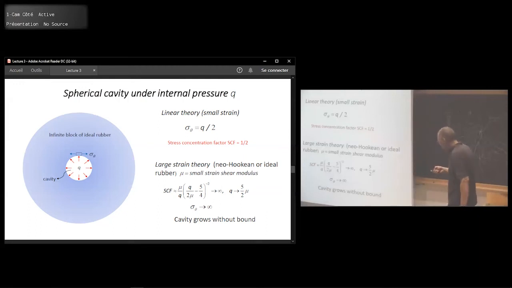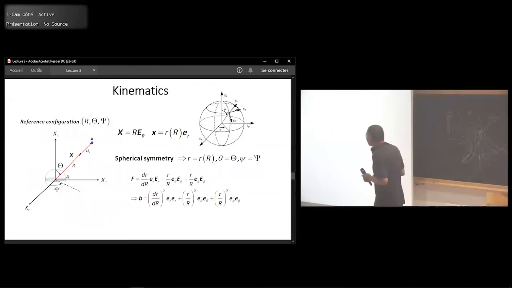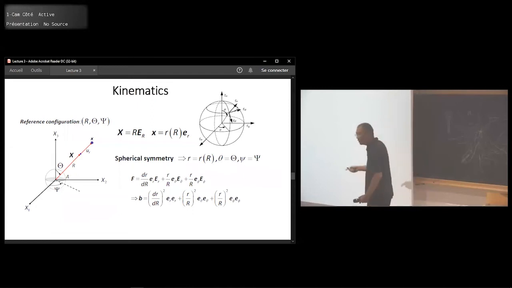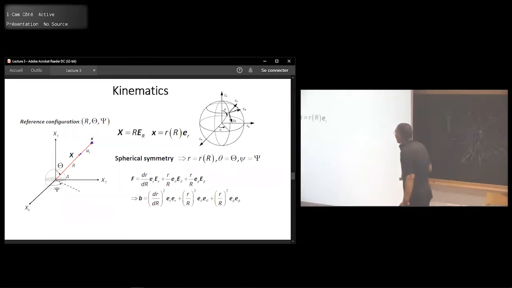So let's go through this problem. I'll go through it with you. Kinematics. Now we have to be completely regimented, so we start out with the kinematics. Obviously, we don't want to use Cartesian coordinates because this problem has spherical symmetry. A material point starting at X would move to a position little x in a radial direction.